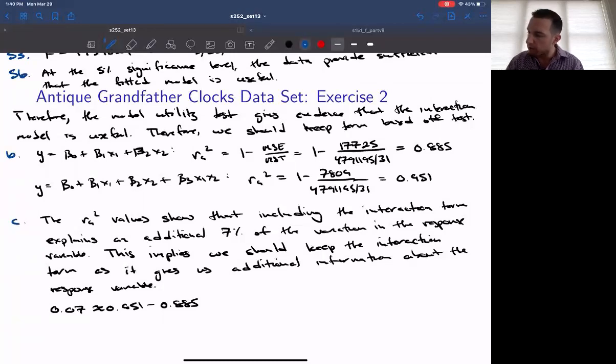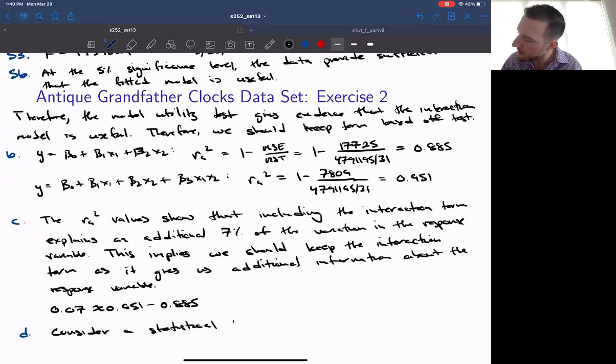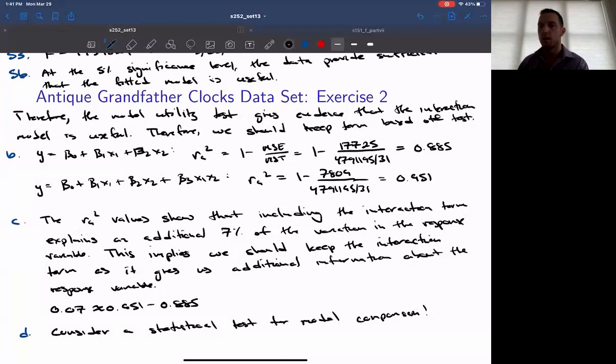So then the natural question would be, what else could we do to help us compare the models? Well, we could consider a statistical test for model comparison, right?